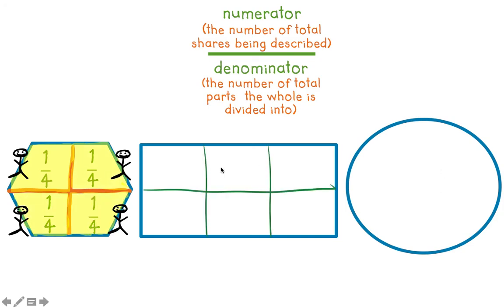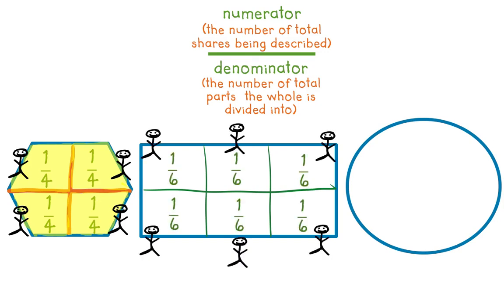This rectangle is divided into 6 parts. These 6 parts are my denominator. I count how many parts in all, and this represents my denominator. So 6 parts. And 1 part is 1 out of the whole, 1 of the 6. So it is 1/6.